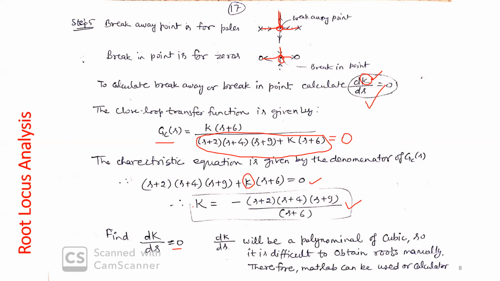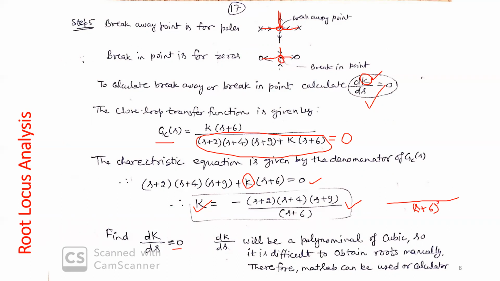First, this is k, we take the derivative of this. So as you know, the derivative of a division: as I remember, for the denominator square, so here it will be s plus 6 square.